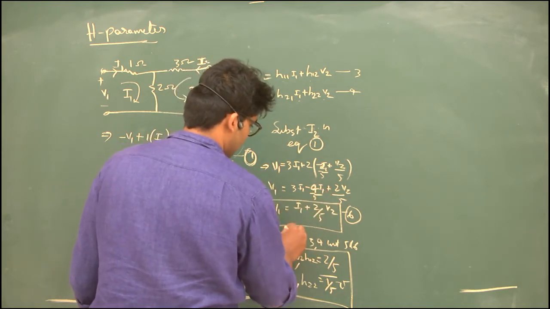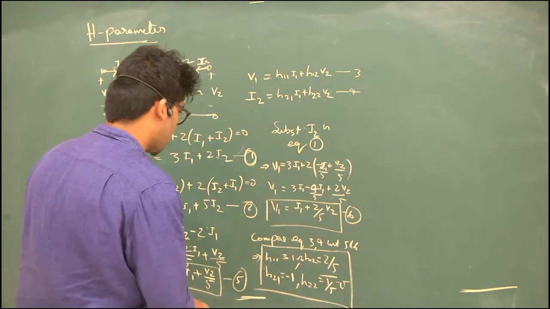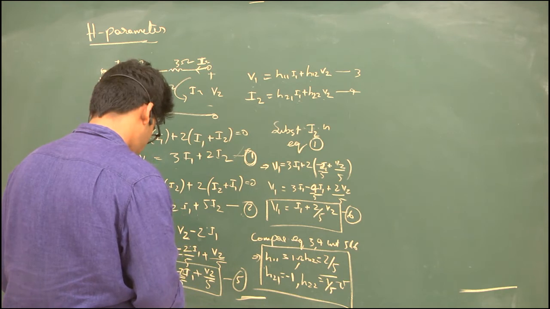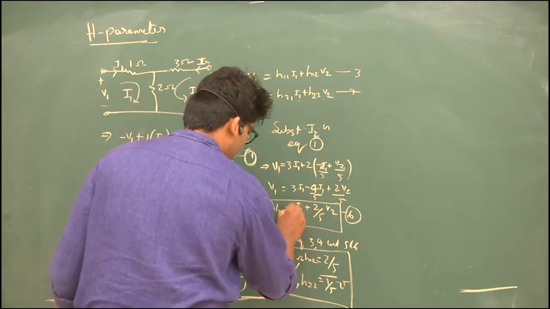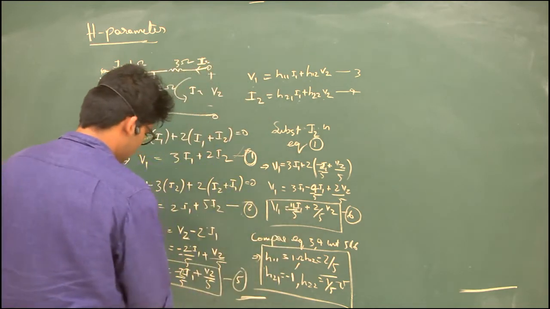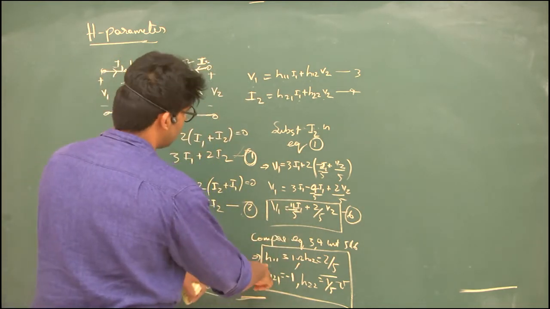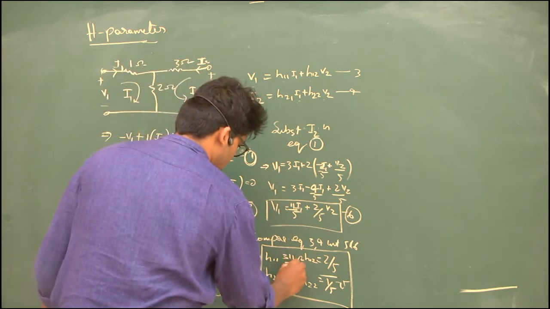So further this equation will become 3 minus 4 by 5, which is 11 by 5. After substituting, H11 is equal to V1 by I1, so this is 11 by 5.